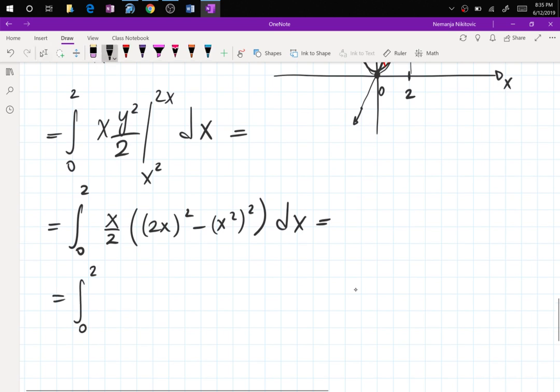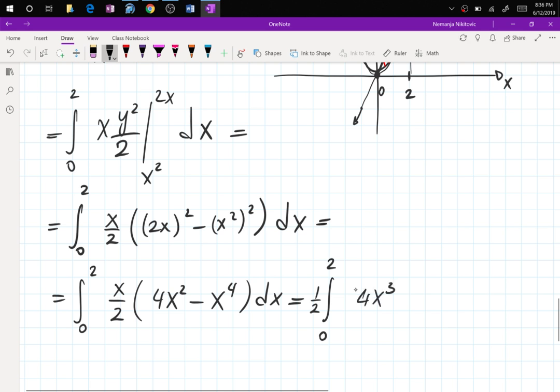So 0 to 2, x over 2, 4x squared minus x to the 4th dx. So now the last step, integral 0 to 2, you distribute, you can kick 1/2 outside, and you distribute x, 4x cubed minus x to the 5 dx.